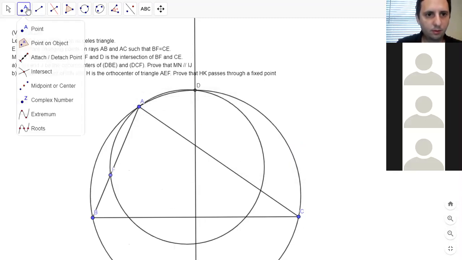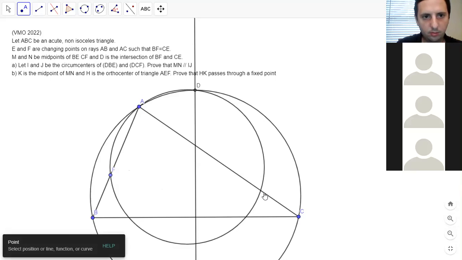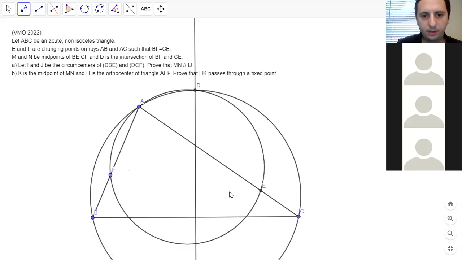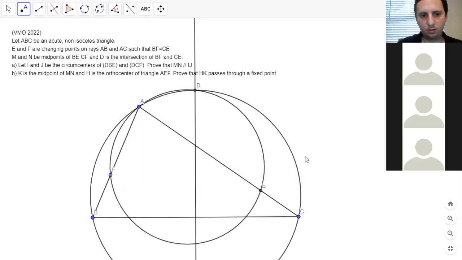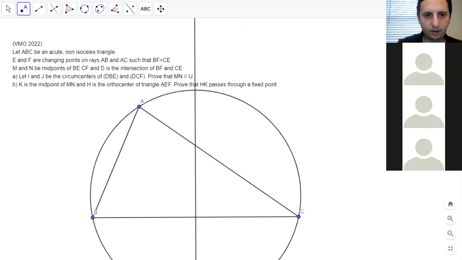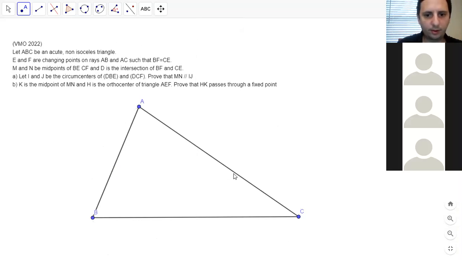Actually, it's BF equals CE, not BE equals CF. BF equals CE. Like this? I mean, E lies on AB and F lies on AC. Oh, okay. So it's not like this, right? So are you saying it's more like this?